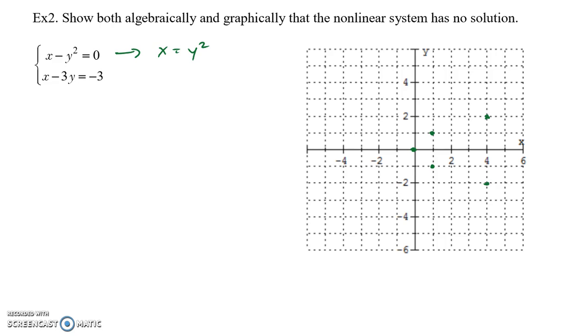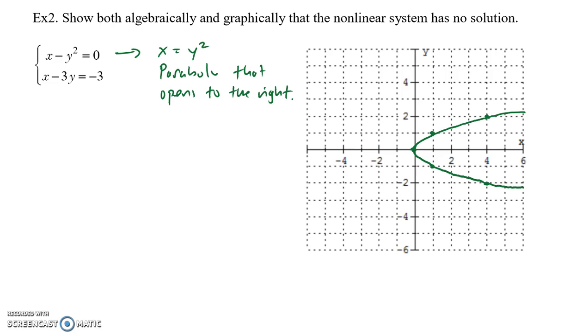I'm not showing those details just to conserve some time here, but you can see that we can fit a parabola to these 5 points. So now you see the parabola opening to the right. Okay, that's our nonlinear equation in the system.